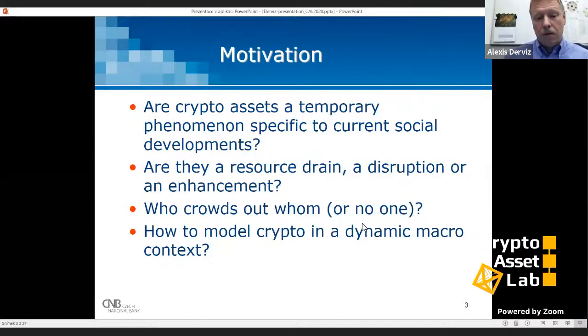Well, my choice was to take a middle way: take a model that is familiar to macroeconomists and monetary policymakers, and try to infuse crypto assets into it and see if they can coexist in a long-term perspective, a balanced growth environment, for instance.